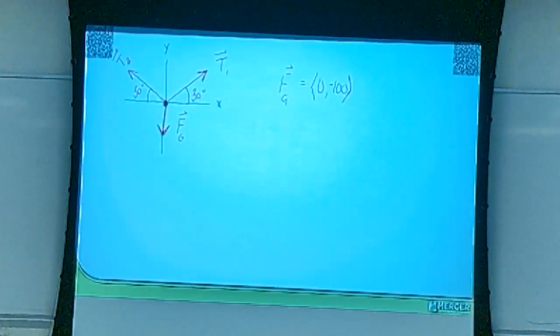Wouldn't you sum the forces? Newton's first law. Because it's not in motion, it's at rest. An object at rest stays at rest unless acted on by an external force. Since it's at rest and not moving, the sum of your forces has to be the 0 vector.